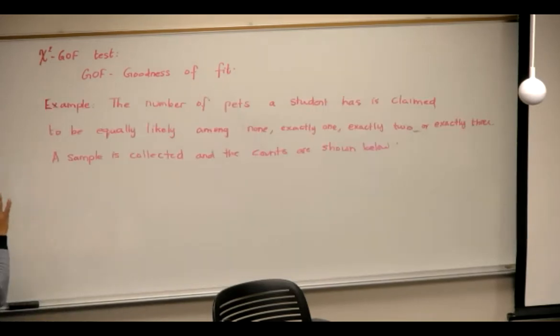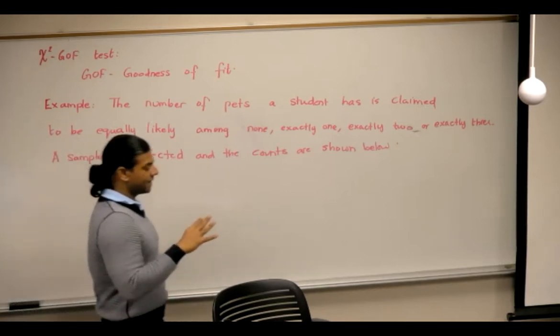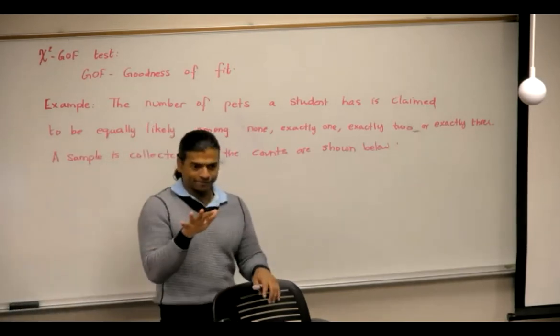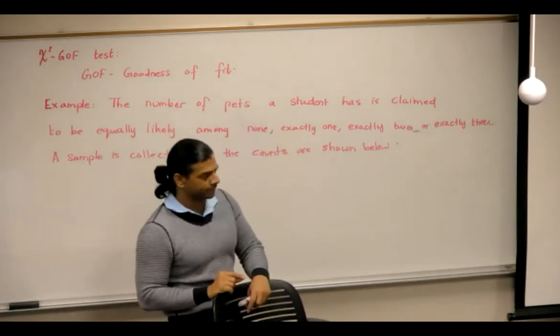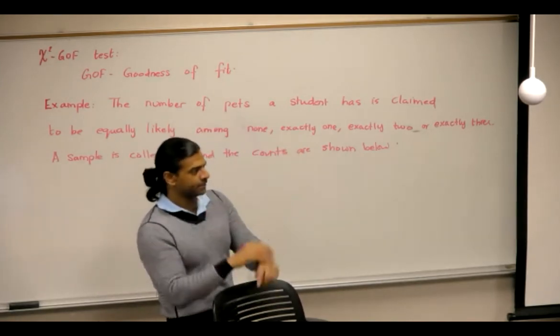The number of pets a student has is claimed to be equally likely among none, exactly one, exactly two, or exactly three. There are 4 cases, and my claim is that they're all equally likely. So what is the probability that each of them would happen if I say they're all equally likely?